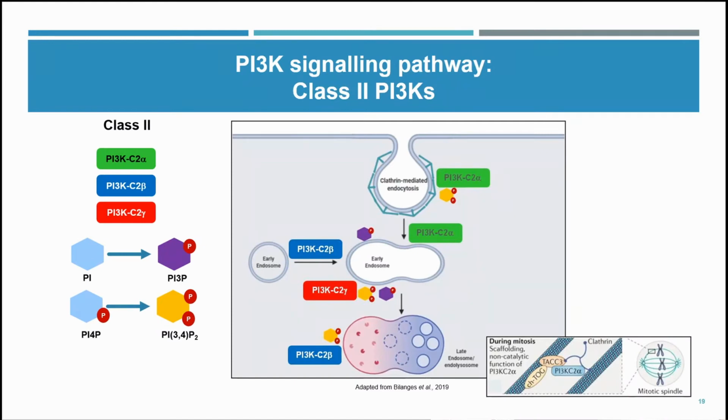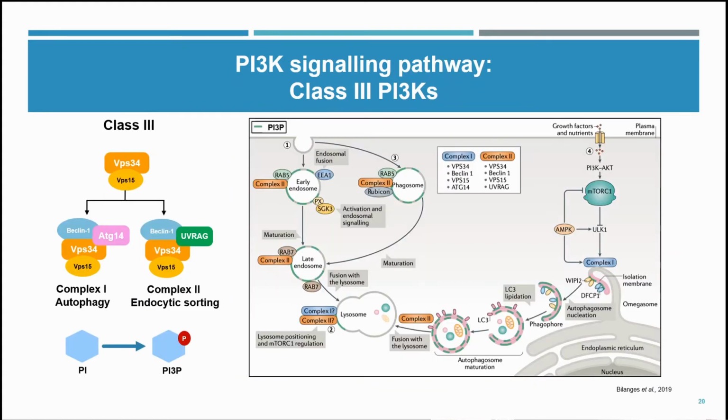For class 2, the mode of activation is still unknown, but we know these lipids are mostly produced at the intracellular level, where they regulate different endocytosis and trafficking processes such as clathrin-mediated endocytosis. Besides their catalytic function, they also have scaffolding functions, such as C2 alpha, which participates by stabilizing the mitotic spindle.